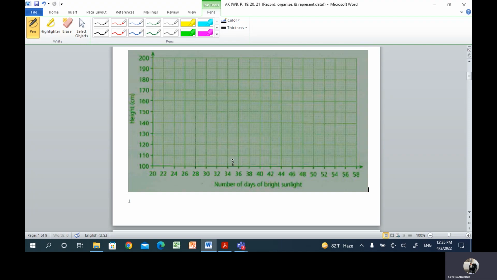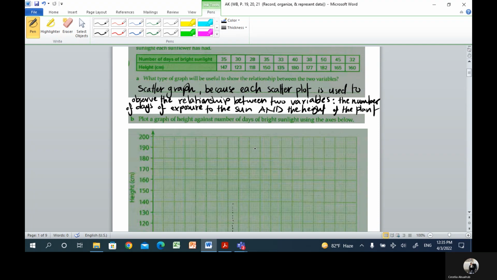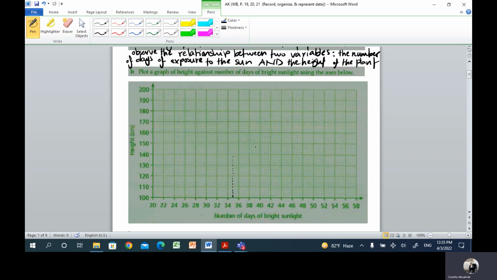And then we draw a straight line using a ruler, preferably, of course. And 147 is going to be somewhere here. So this meeting point, this plotting point, represents 35, 147.